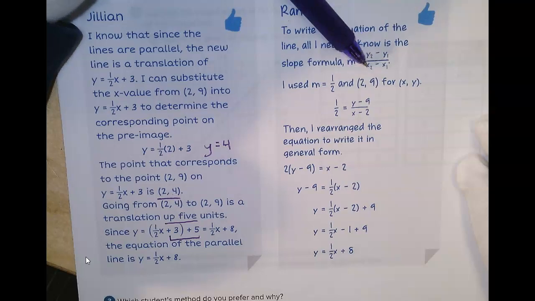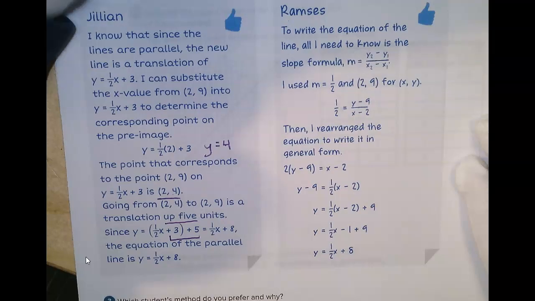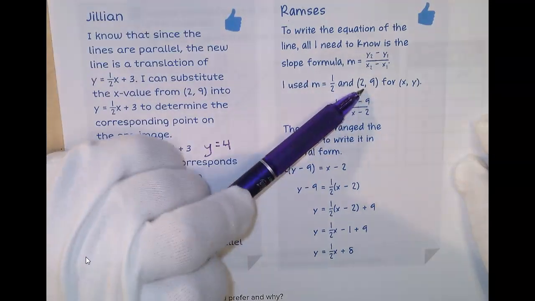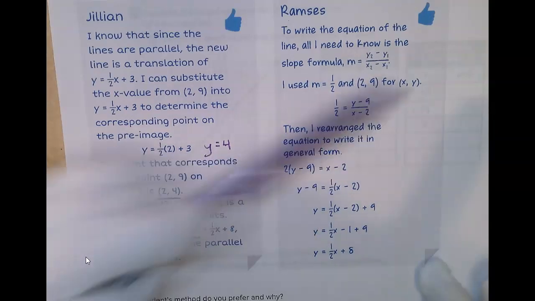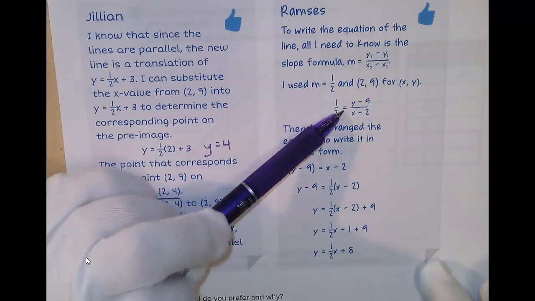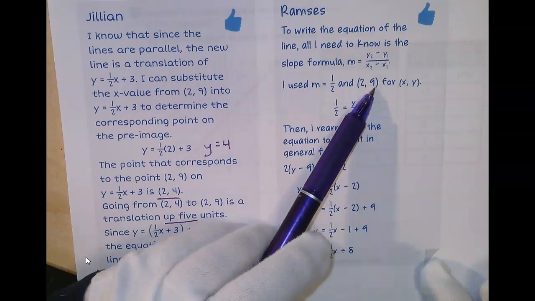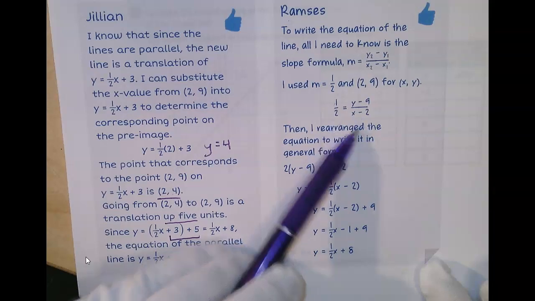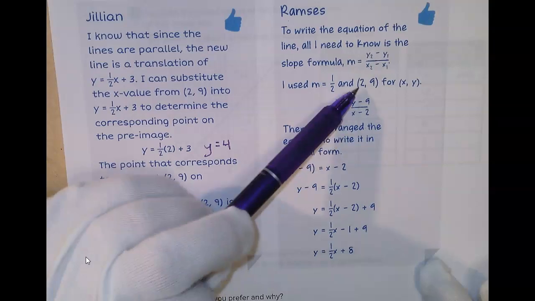Rise over run. I used m equal to 1/2 right here and plugged in 2 and 9 for x and y. So he said slope equals y minus 9 from here, and then for the denominator has x minus 2 from here.